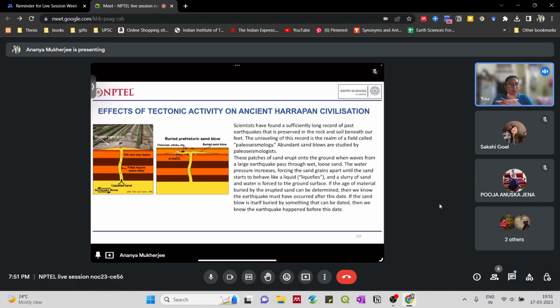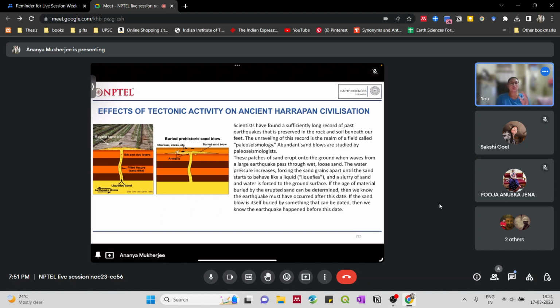And when the pressure increases a lot, it spills out on top of the surface. The sand grains start flowing out of the surface, and form a feature called sand blows.